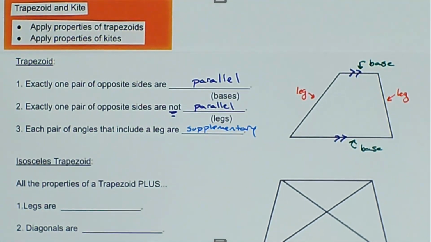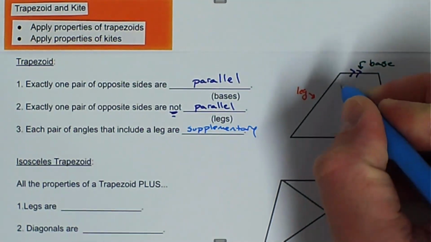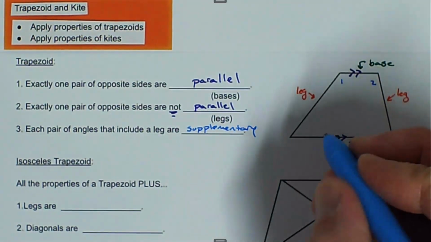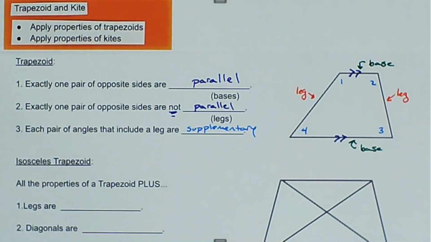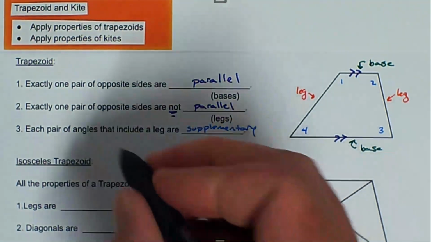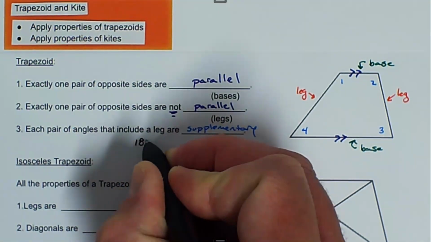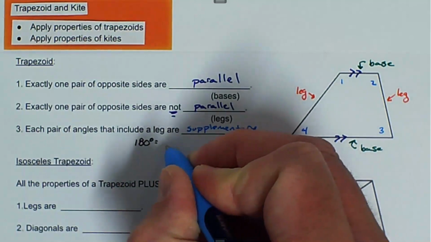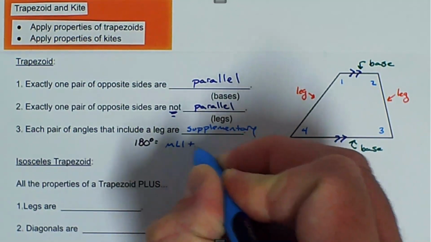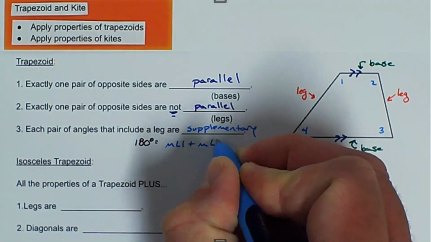And we remember that supplementary means 180 degrees. So if we number all the angles and we say that this is 1 and this is 2 and this is 3 and this is 4, then we can say 180 degrees is equal to the measure of angle 1 plus the measure of angle 4.